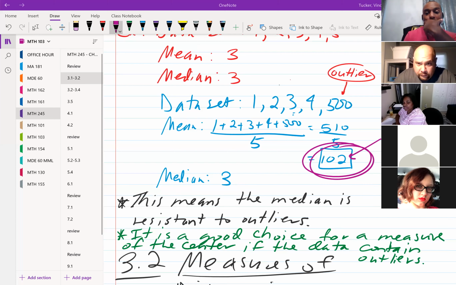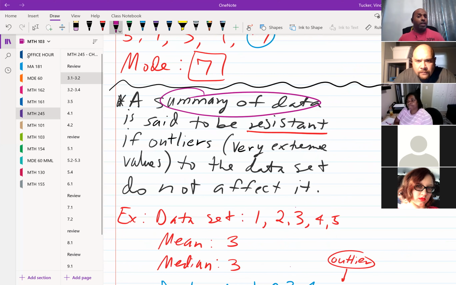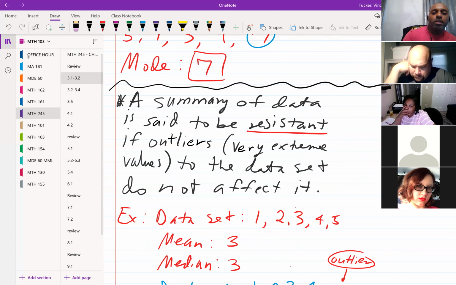Wouldn't all outliers make the data become unresistant? Well, it's not about the data, it's about the summary. The data set most definitely will change because you're adding a new value to the data set. But these things that we are evaluating are summaries of data. Your mean, your median, they all summarize your data.